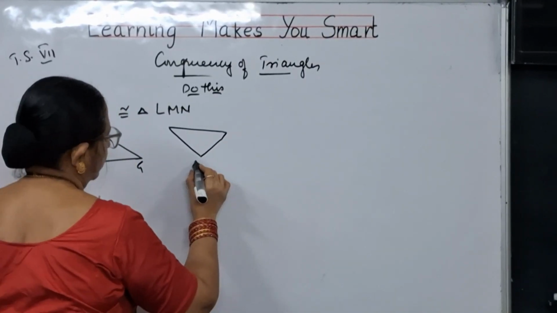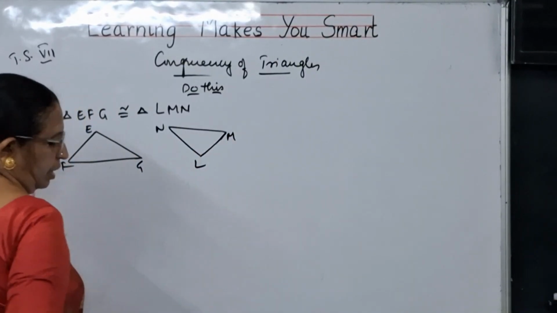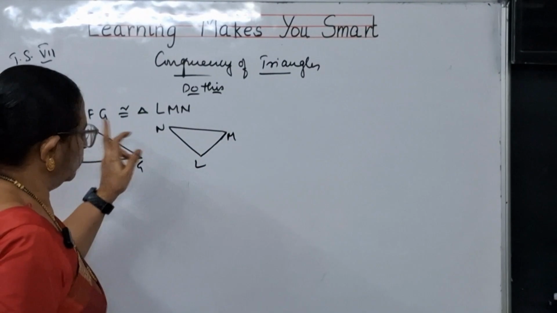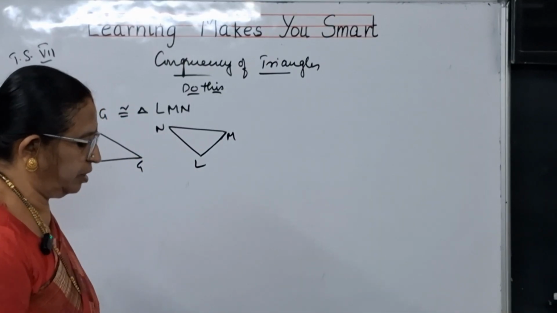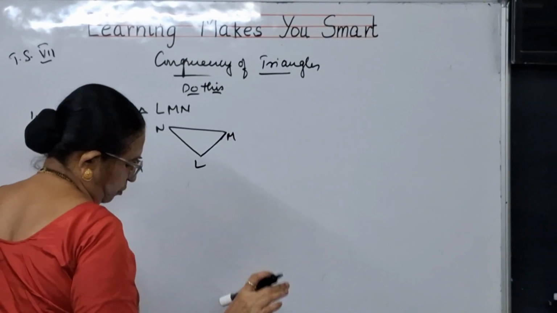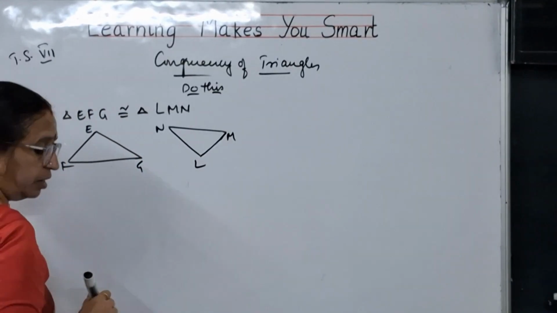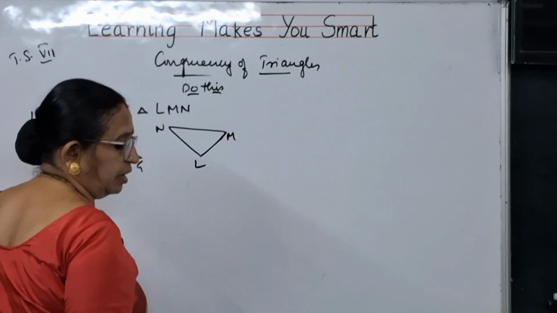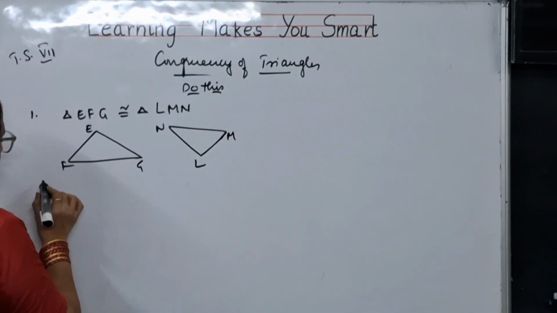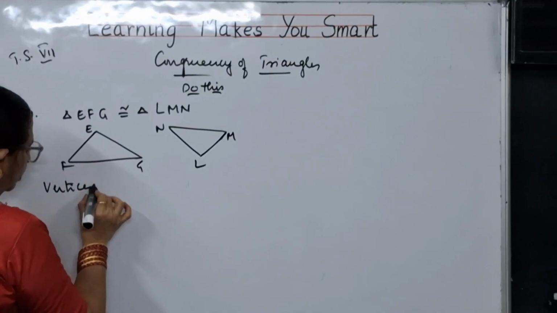This is LMN. And what is given to you? These two triangles are congruent. Then you have to write the corresponding vertices, corresponding angles, and corresponding sides of the two triangles.